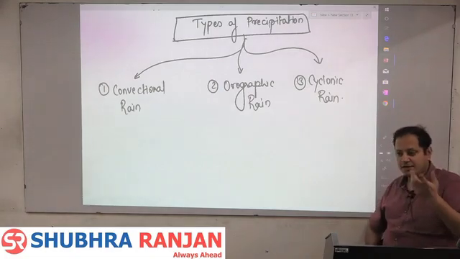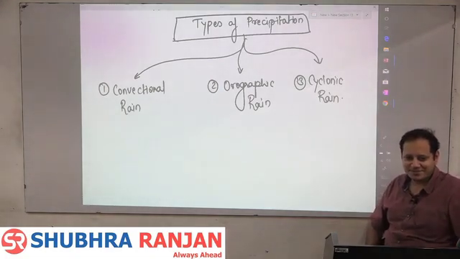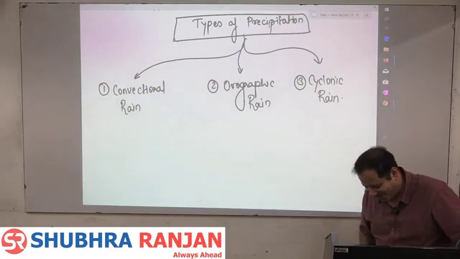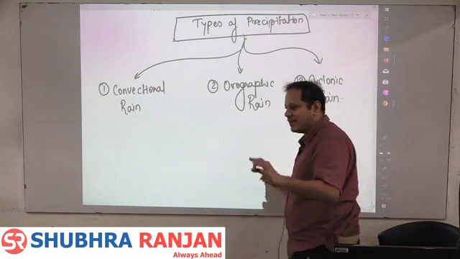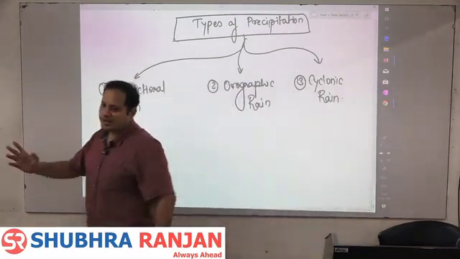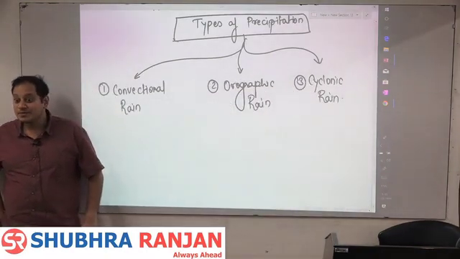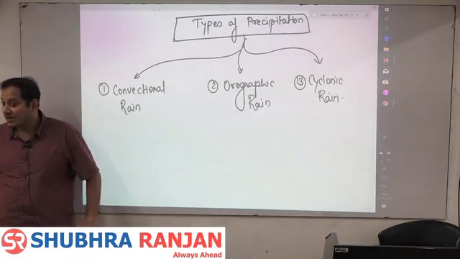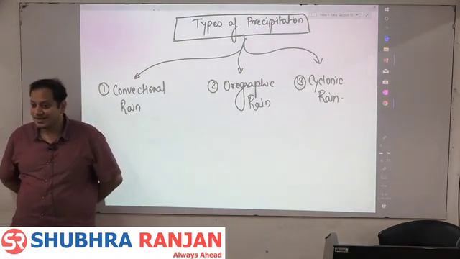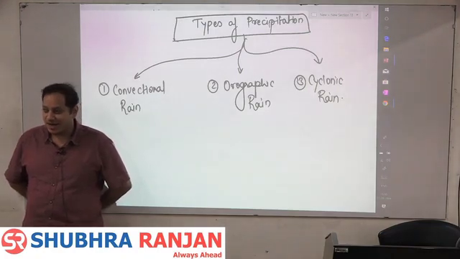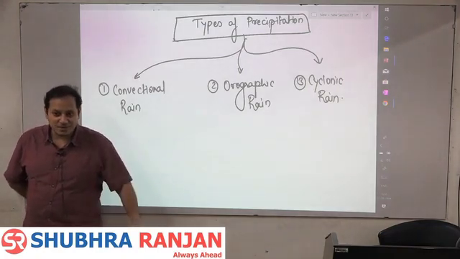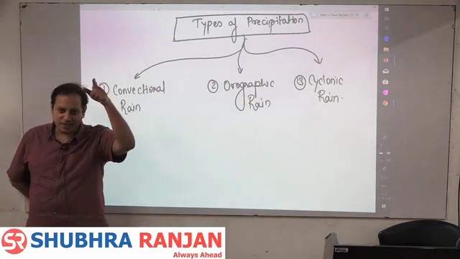What is the convectional rainfall? Tell me two conditions that are necessary for convectional rainfall from your understanding of the syllabus. Why clear sky? There will be no rain if the sky is clear. Temperature should be there, meaning high temperature. What will happen with high temperature? There will be vertical rise of the air.